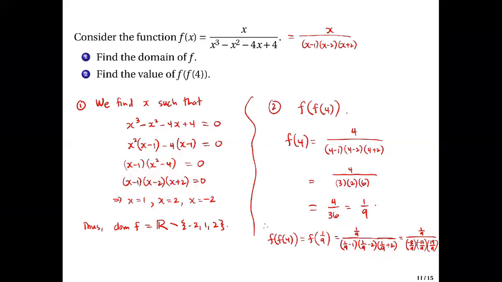Therefore, we'll just have to simplify this. You will get 81 in the numerator, and on the denominator, you will have negative 8 times negative 17 times 19, and that's just 2,584. And this will be the final answer.